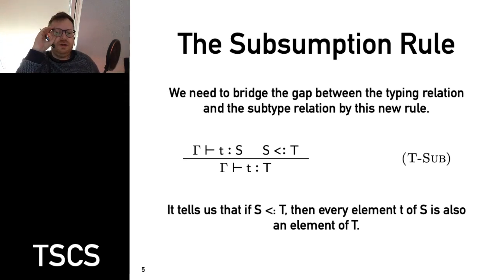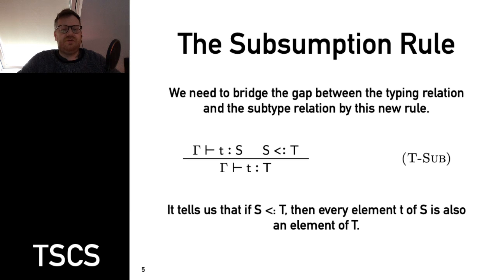This is putting into a rule the intuition that we just previously explained. So this basically tells us whenever you have a term of type T, you can use a term of type S. You can type the same thing as S, and it would also be fine.